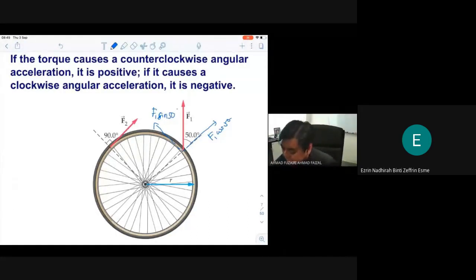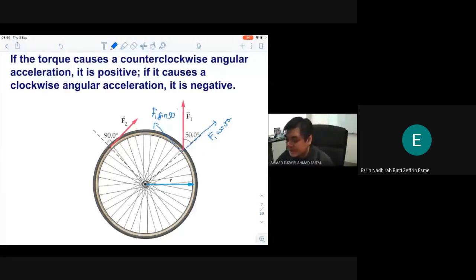And F2 is already a tangential force, so kita tak perlu nak convert dia kepada component. Kita terus ambil nilai F2. So how to know whether these forces go clockwise or counterclockwise?